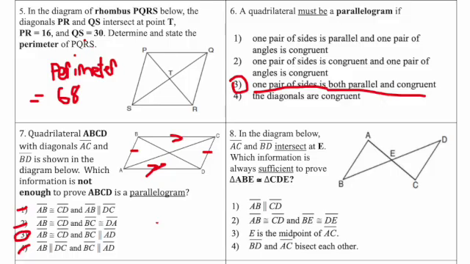In the diagram below, AC and BD intersect at E. Which information is always sufficient to prove triangle ABC is congruent to triangle CDB?